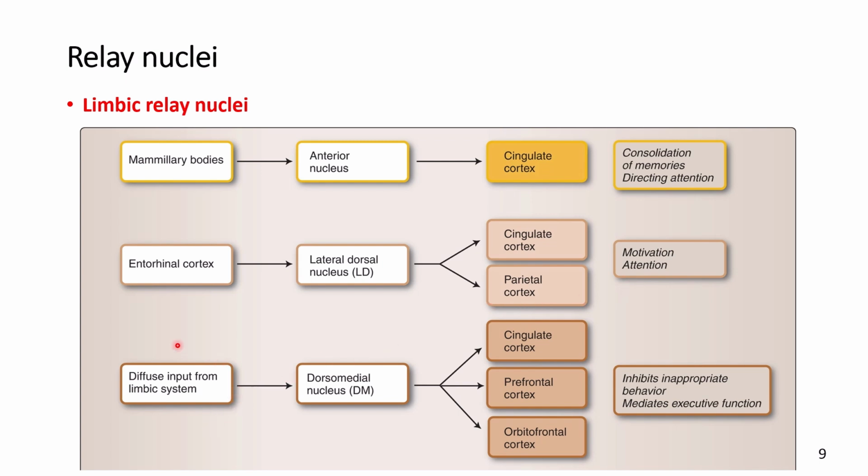And from different parts of the limbic system, the information goes to the dorsomedial nucleus, that again goes to cingulate gyrus, prefrontal cortex, and orbitofrontal cortex. And this is important for inhibiting inappropriate behavior, something that is not a social norm, and the cortex of the brain is responsible for it, and you consciously don't want to do it.